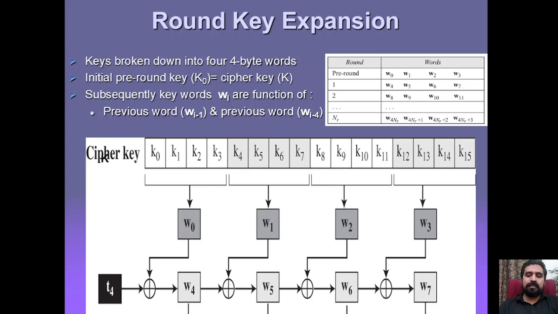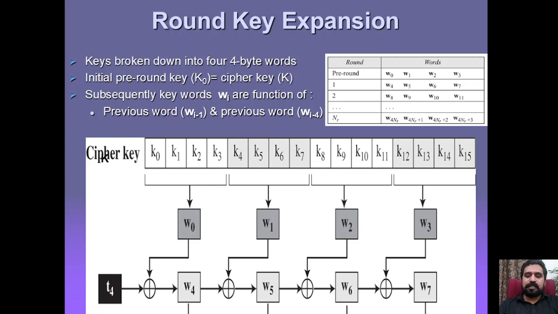The first key is used for the pre-round transformation, where we use the add round key. The remaining keys are used in the rounds, with the last one used in the last transformation as the round key at the end of each round.